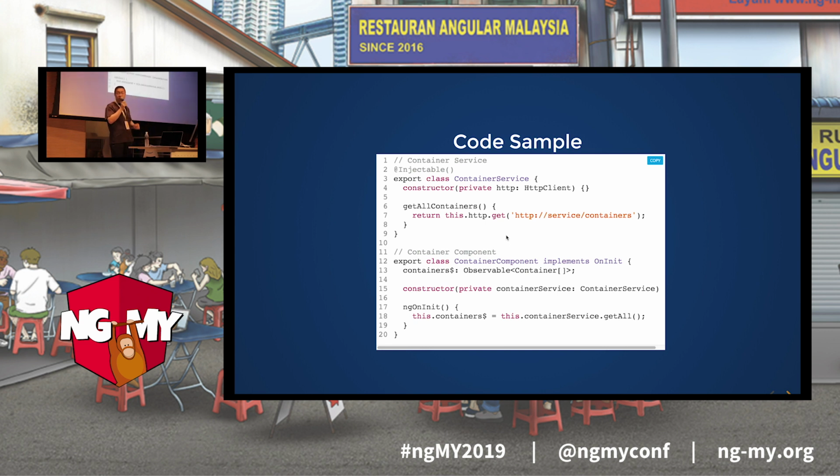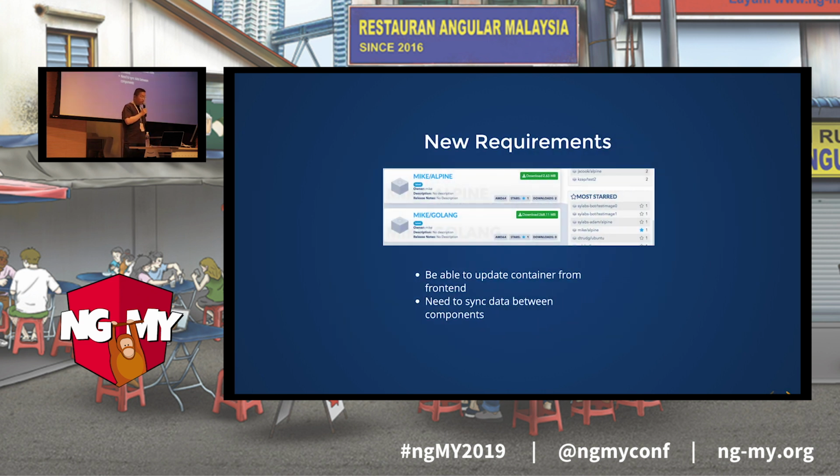This is a code sample. It's also very simple and straightforward, and every component holds its own data in the component itself. It works very well until we got some new requirements: we will allow users to edit the information of the container from the website directly. The edit itself is very simple.